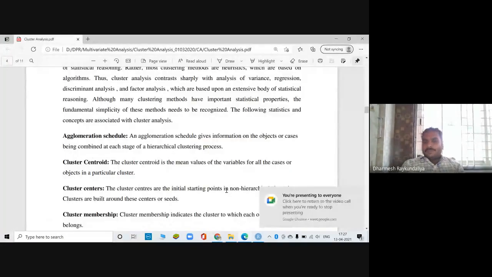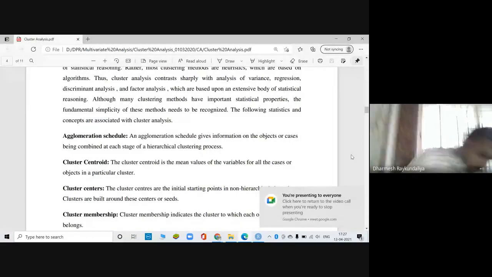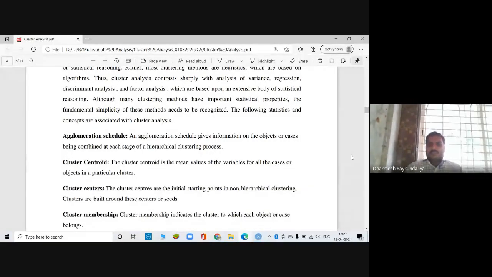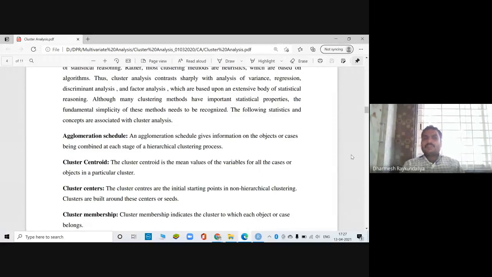So we know that in a clustering procedure, there are two types of clustering techniques. One is hierarchical clustering and the second one is non-hierarchical clustering. Hierarchical clustering has two different forms: one is the agglomerative method and the second one is the divisive method.